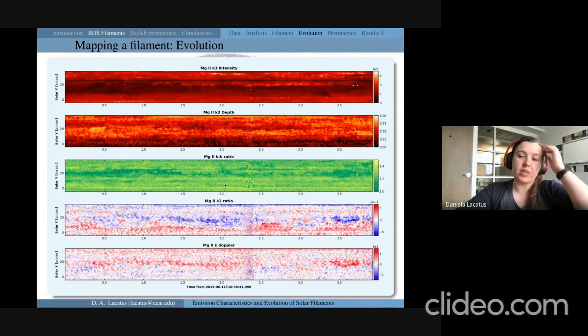So over a period of a few hours, we are looking at the variation of the filament along that one position. This will give us information about that one position, but we'll be missing what total changes are happening within the filament.